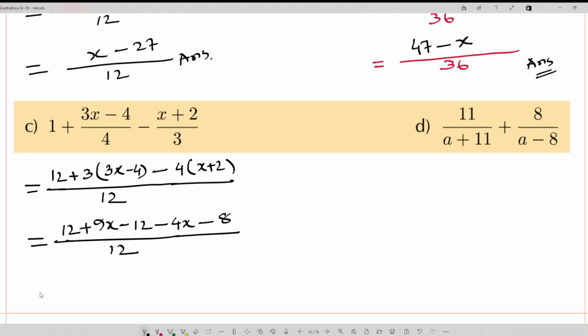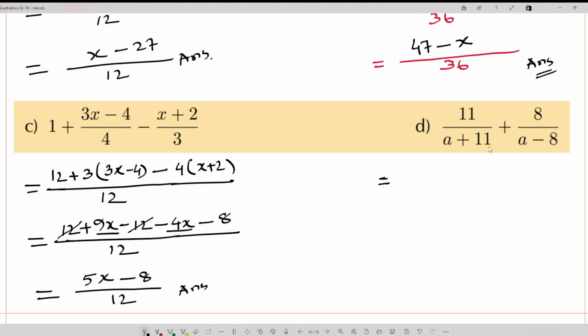Then over 12, 9x minus 4x is 5x. Then plus 12 minus 12 cancel out, and here is minus 8. This is our answer.